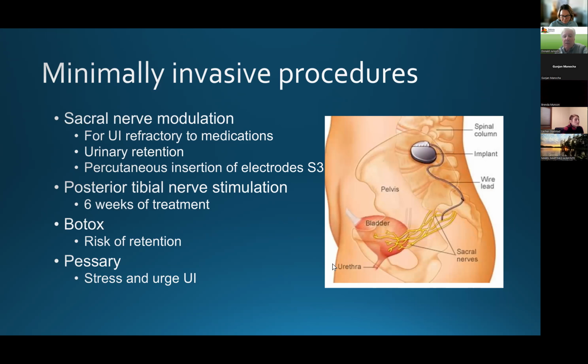Botox has been used. It's again mixed reactions for its efficacy. The pessary is that donut-shaped object that's put intravaginally to address stress as well as urge incontinence, but it's usually associated with lax pelvic musculature.